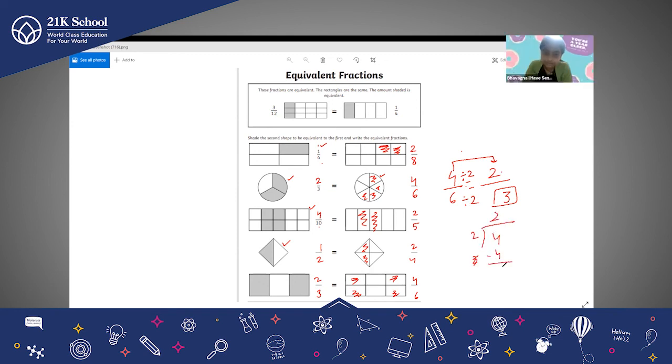And also, if you divide 6 by 2, the answer will be 3. So that's how we got the 2 by 3 using division. Oh, ma'am, I got it now. I got it. All right.